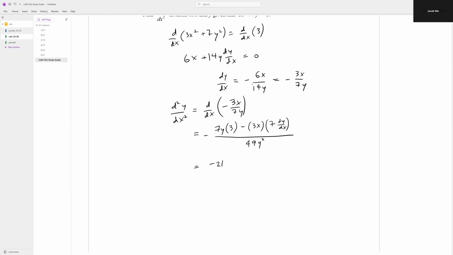It's going to give me negative 21y plus 21x dy/dx. That's all over 49y squared. And I believe that's correct. And then plug in my value for dy/dx from above, negative 3x over 7y.